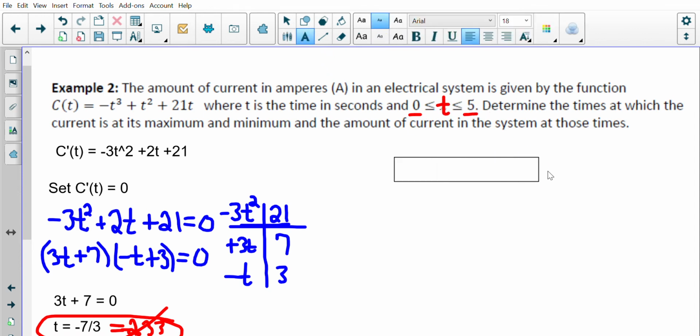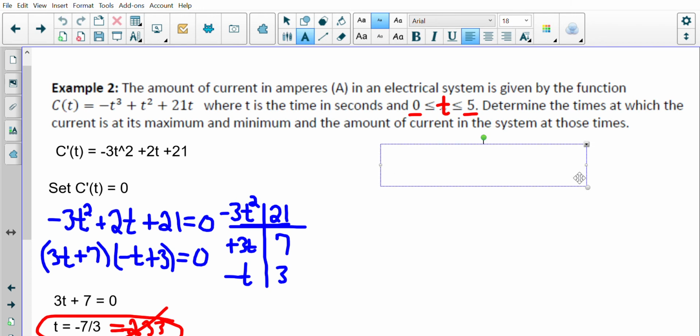All right, so we'll start off with c of 0, I guess. Try the endpoints first. And let's see, I plug 0 in, and good for this electrical system, there is no current running through it. All right, and so then c of 3, which is one of our values.